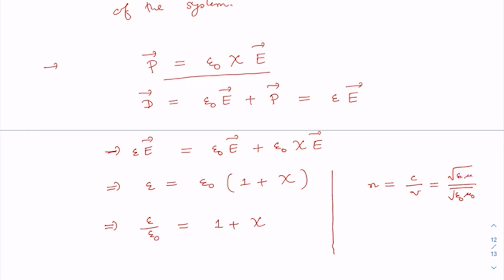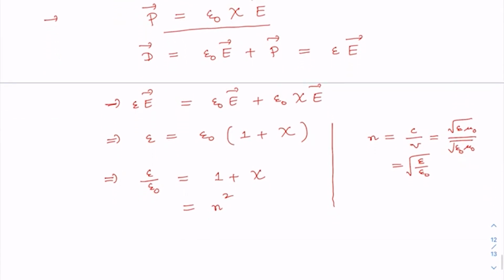If the medium is non-magnetic, then mu is equal to mu 0. So n is equal to the square root of epsilon by epsilon 0. Therefore 1 plus chi is nothing but the refractive index squared. If chi is a small quantity, then n is nearly equal to 1 plus half of chi.